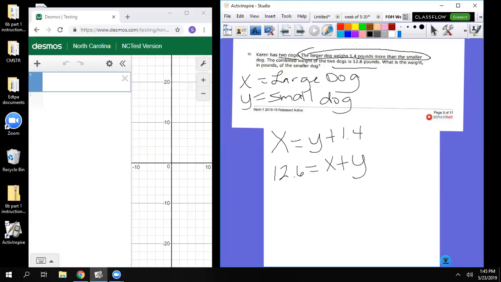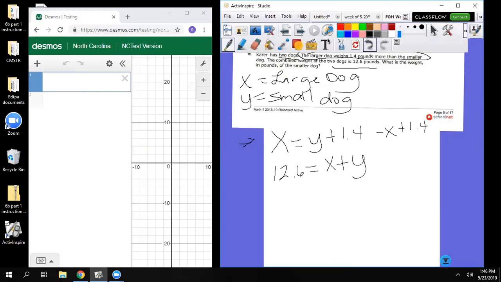So we have x equals y plus 1.4, and I want to get it to where my constant is on one side and my variables are on the other. So in this case, I'm going to subtract x from both sides. And when I do, for my equation here, we're looking at this. Okay, so when I do that, I'm going to get negative x plus 1.4. Oh, excuse me, negative x plus y. Excuse me on that one.